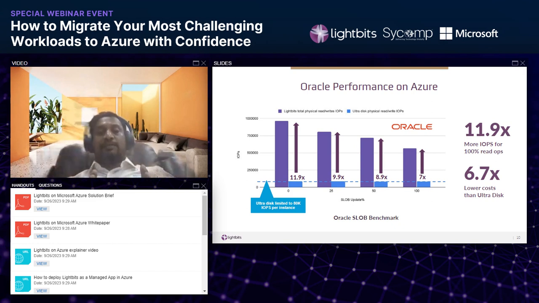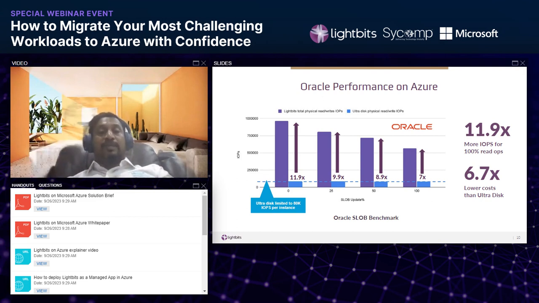Then we are not doing the right thing. As I said earlier, with the well architected framework, we want to optimize the cost, we have to give the performance, and we have to be reliable. That's where Lightbits comes into play. You see that it increases the IOPS close to 12 times the equivalent capacity of an Ultra Disk, but it reduces the cost. That is very important.